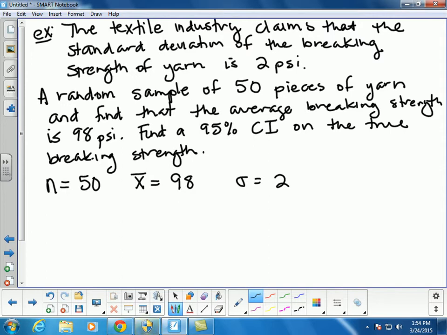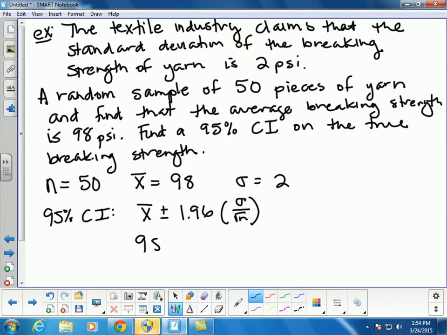So I have everything I need. I know that a 95% confidence interval is set up such that I take X bar and add and subtract about 2 standard deviations, and those standard deviations, because I'm talking about X bar, are sigma over the square root of n. So I fill in all the blanks, and I get 98 plus or minus 1.96 times 2 over the square root of 50.